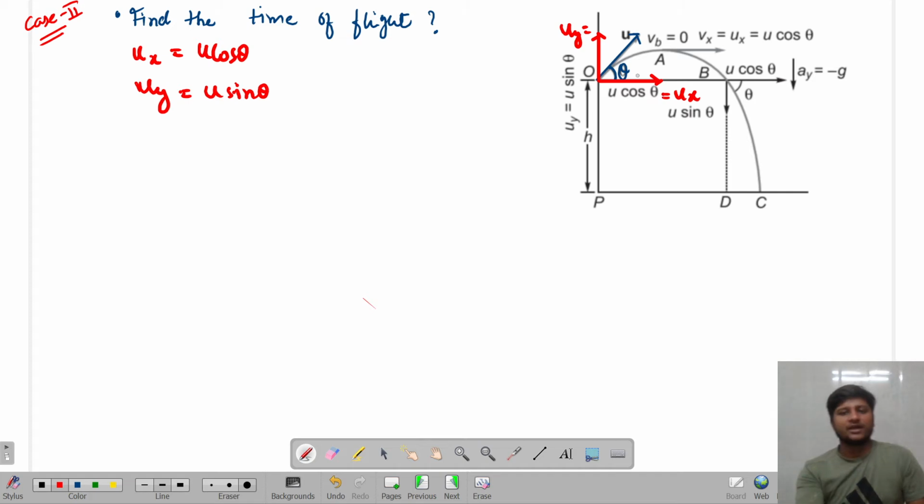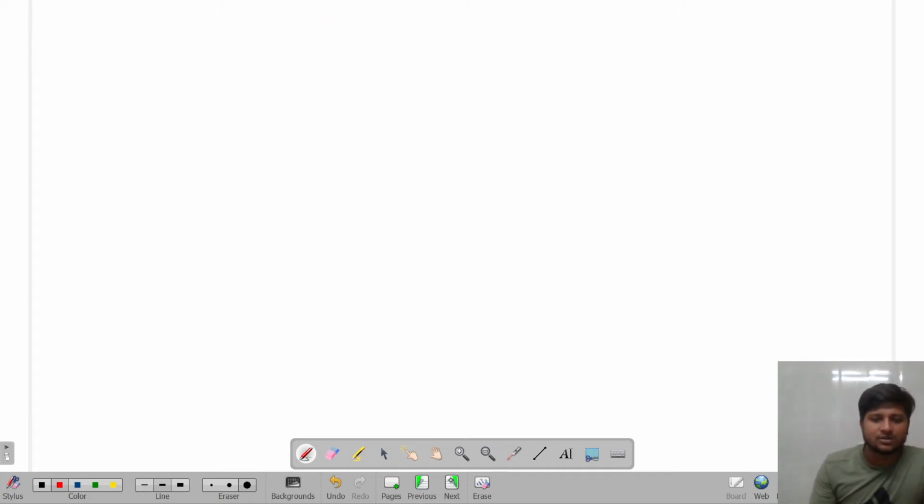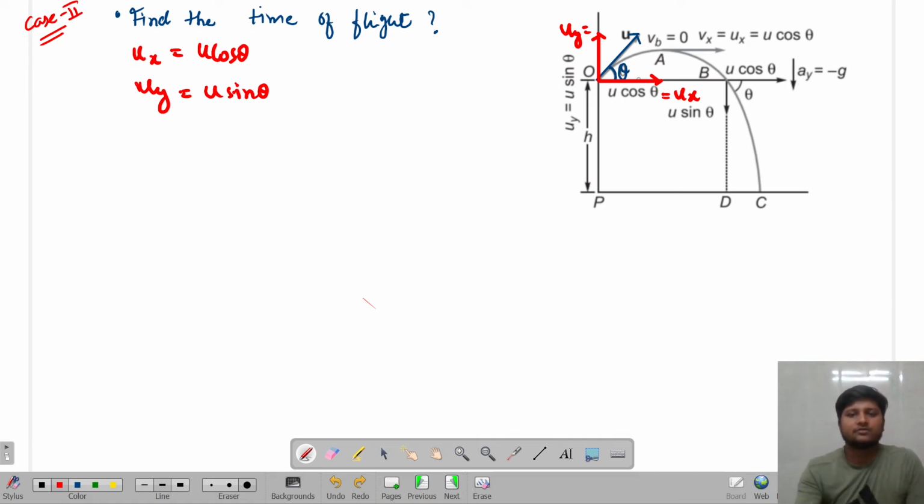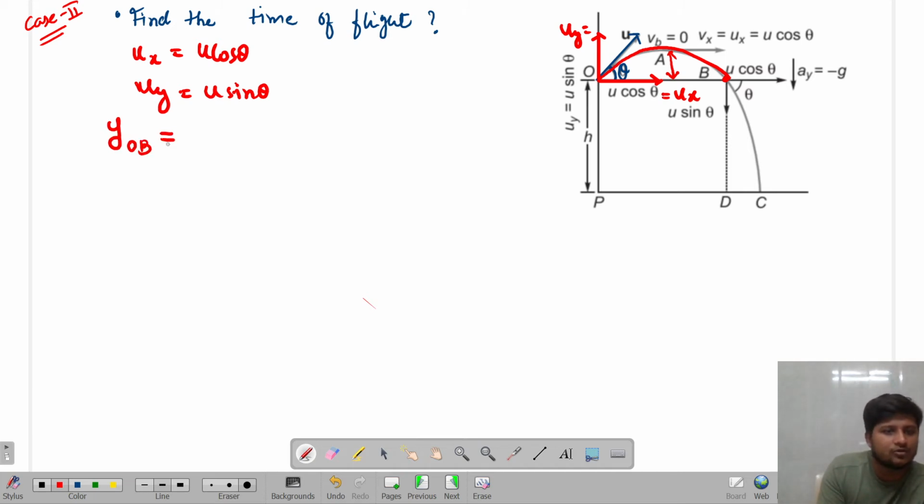Now look over here, try to understand. If the particle is moving from here to here, is the displacement along the y-axis 0 from this position O to B? So the displacement along O to B is how much?